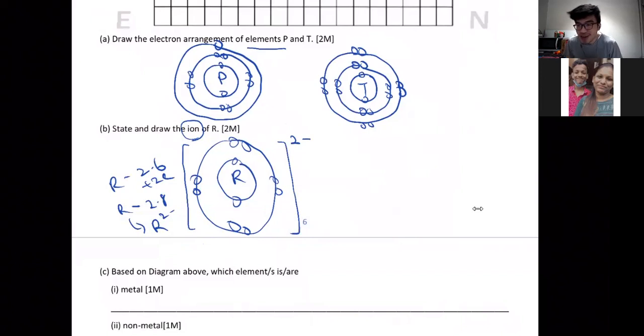Don't ask me why, ask the chemist. I have students who lost marks like this. The teacher said you did round bracket, so it's wrong. It happens. So make sure you use square brackets, and make sure you write the charge. This is 2 negative, which means they gain 2 electrons.